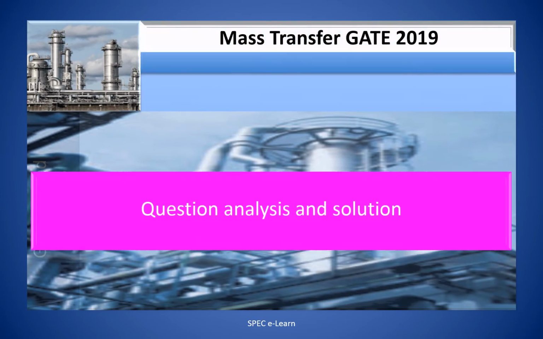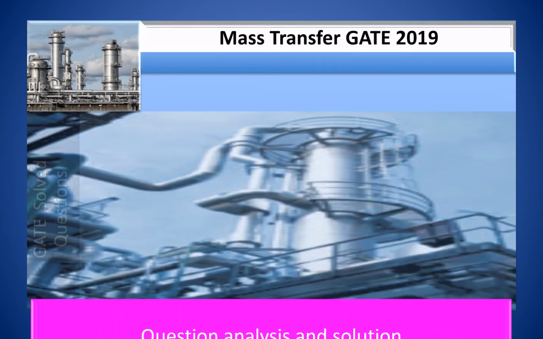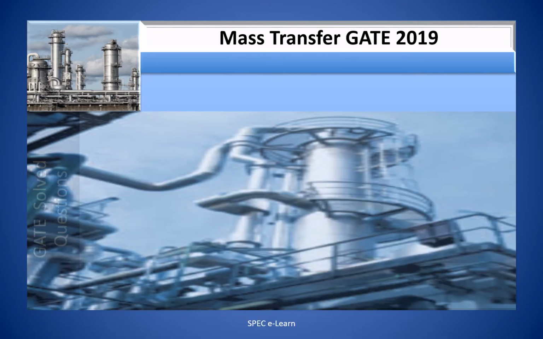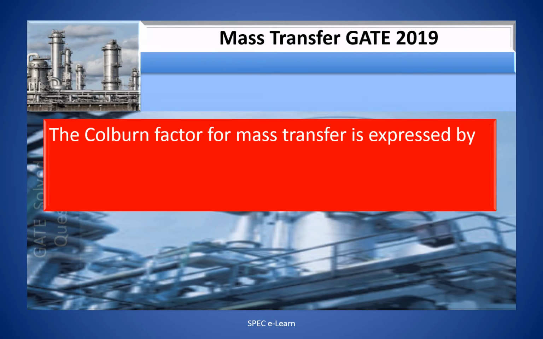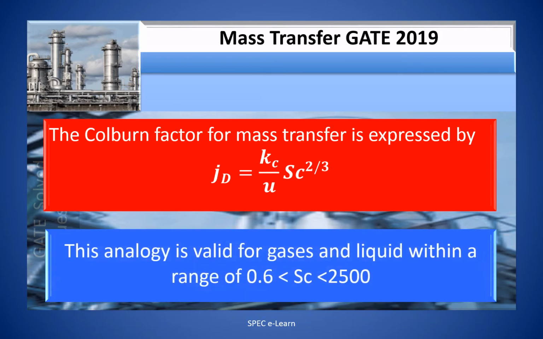Question analysis and solution. The Colburn factor for mass transfer is expressed by JD equals Kc into Schmidt number to the power 2 by 3 divided by U. This analogy is valid for gases and liquid within a range of Schmidt number from 0.6 to 2500.